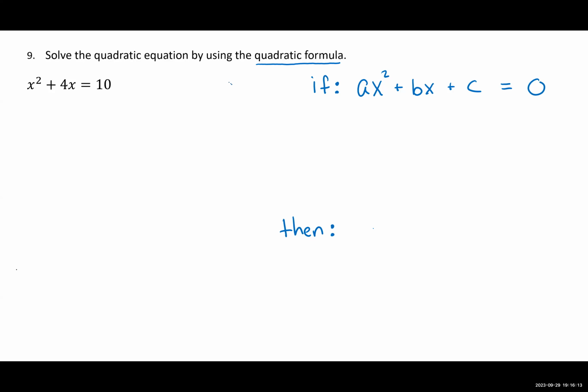Then your answer or answers are x is equal to negative b plus or minus the square root of b squared minus 4ac, all divided by 2 times a. So the a, b, and c in this formula are the a, the b, and the c in the original problem.